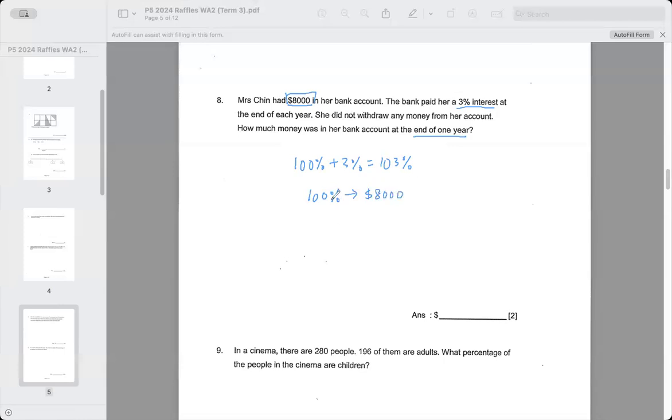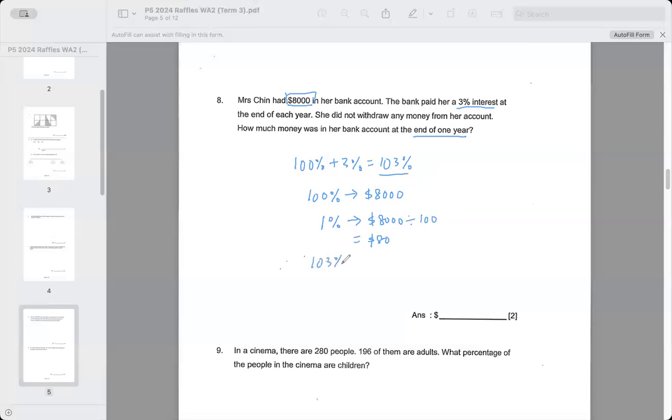Okay, same like units, we can find 1%. Okay, like how we always find 1 unit. So 100% is $8,000. 1% will just be $8,000 divided by 100. We will get $80 for 1%. So remember, I want to find at the end of 1 year, which is 103%.